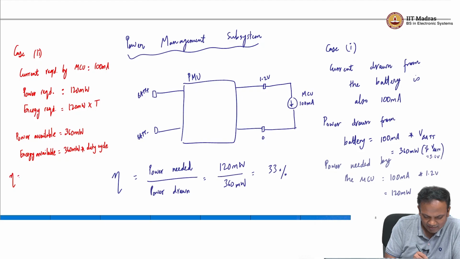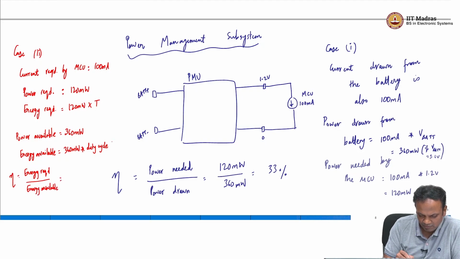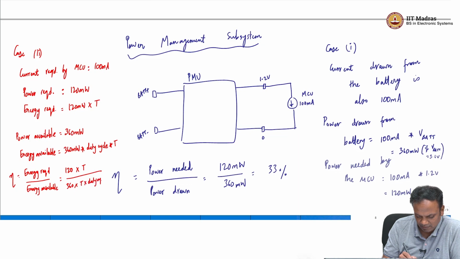Efficiency is energy required by energy available, and duty cycle is a percentage, so it has to be multiplied by T. So, this is 120 milliwatt into T by 360 into T into duty cycle.